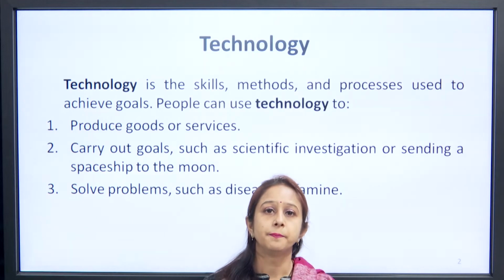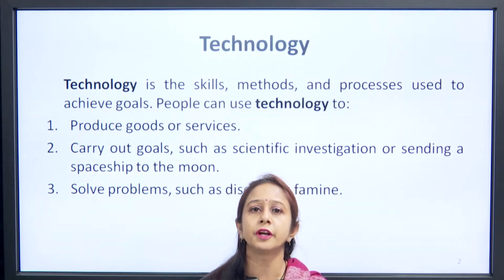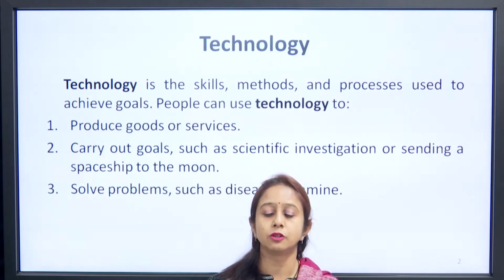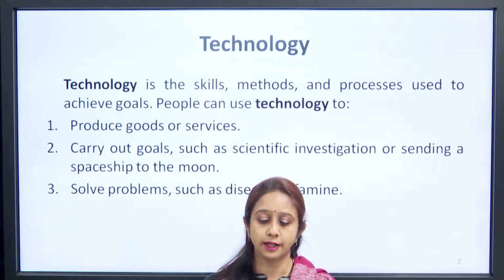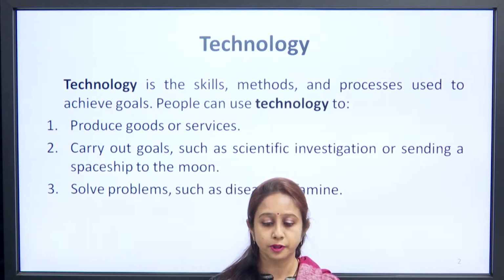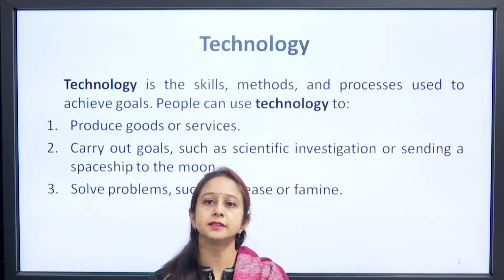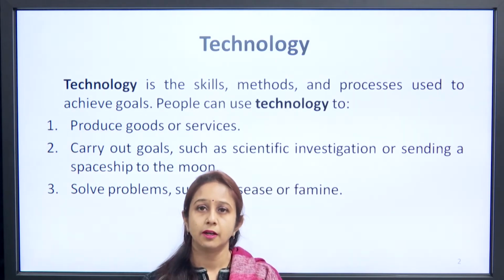When we talk about different uses of technology, we can put it into producing goods or services, and carrying out goals such as scientific investigation and sending spaceships to the moon. It also helps to solve different problems such as diseases or famine.